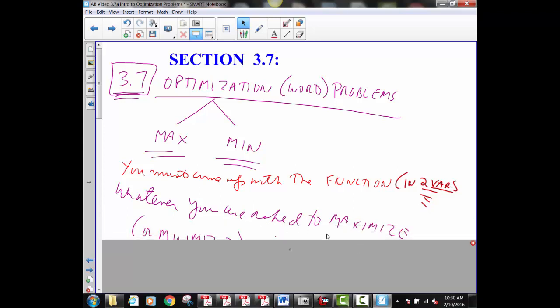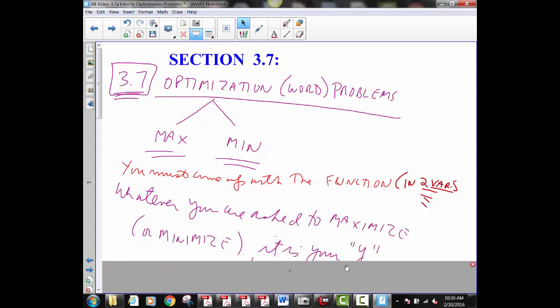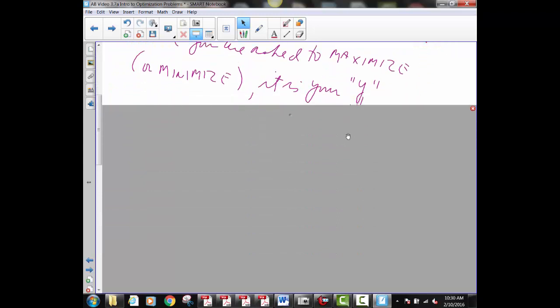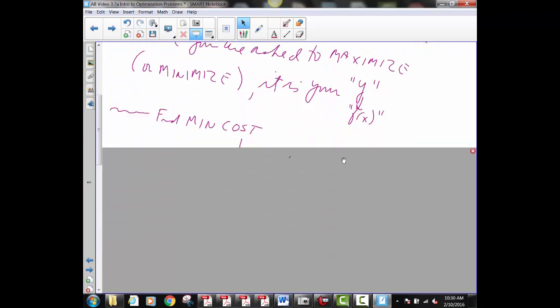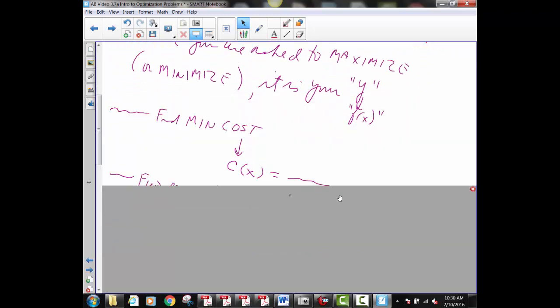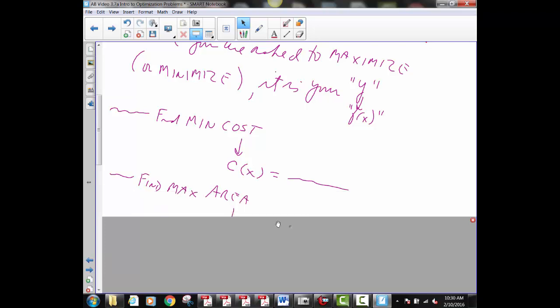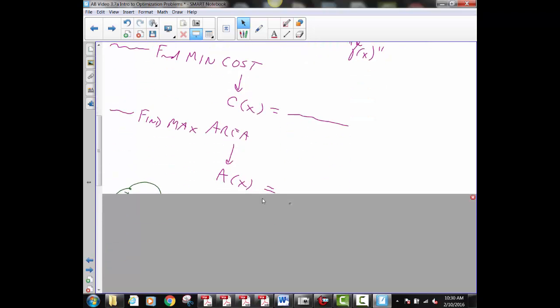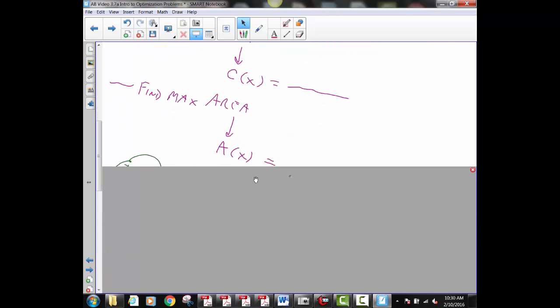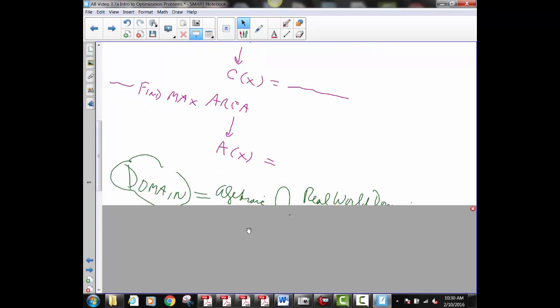Whatever you're asked to maximize or minimize is going to be your y, in quotes. For example, if they ask for the minimum cost, you want a function C of x equals, and it could be a different variable. If you want a maximum area, it would be A of x. If the only other dimension you have is radius, it would be the area as a function of the radius.